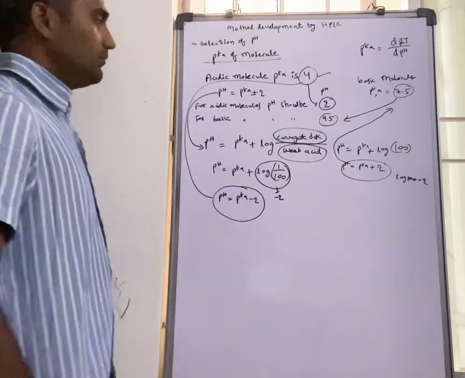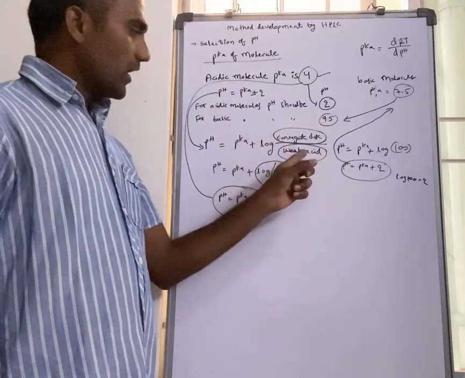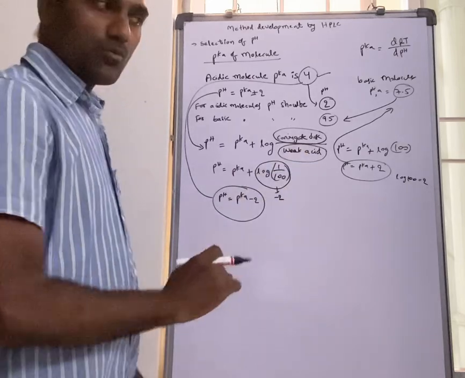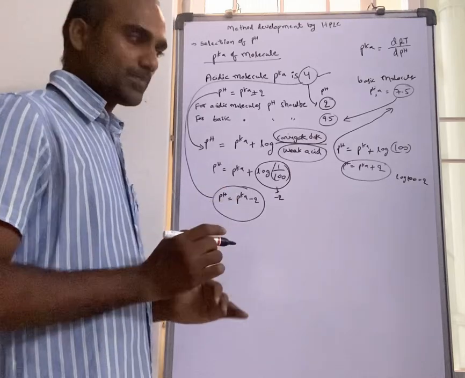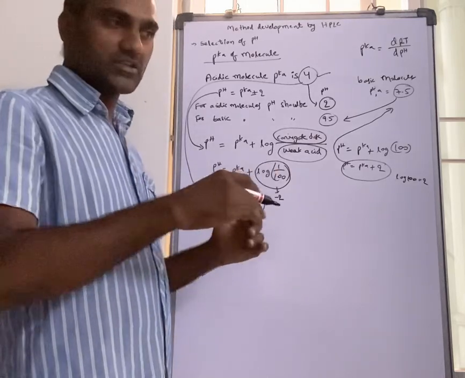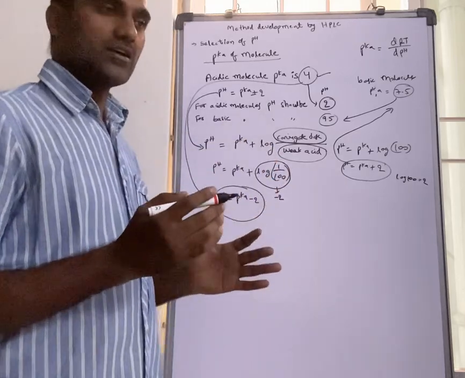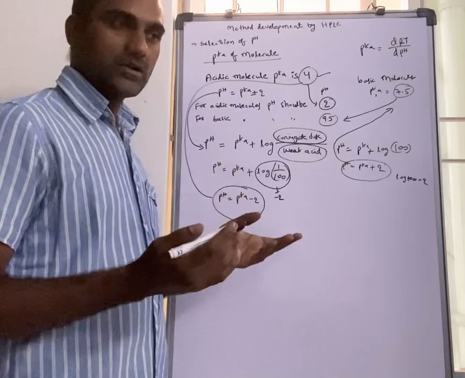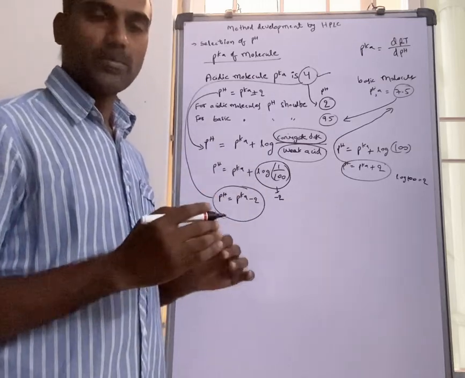In this way, for acidic molecules, if the pH is 2, the weak acidic molecules are in a single state, unionized or non-polar nature. A single peak means 100% is in a single form. Single state means unionized form. If it is a single state, it will elute at one time and the peak shape will be very sharp and very symmetric.